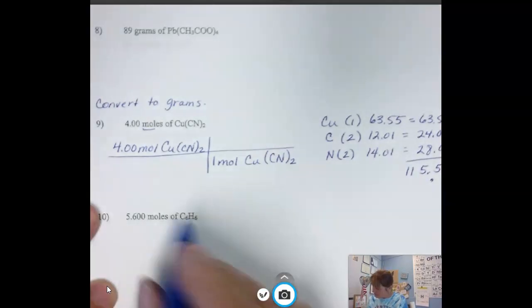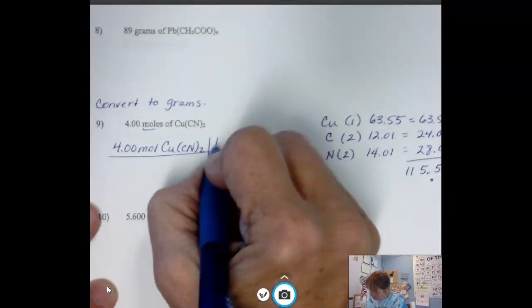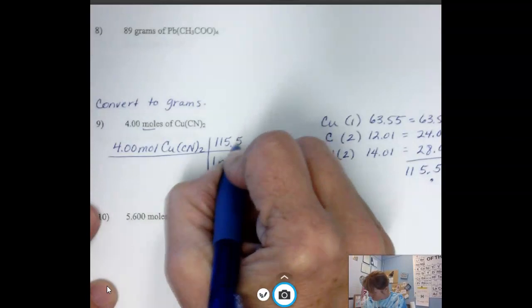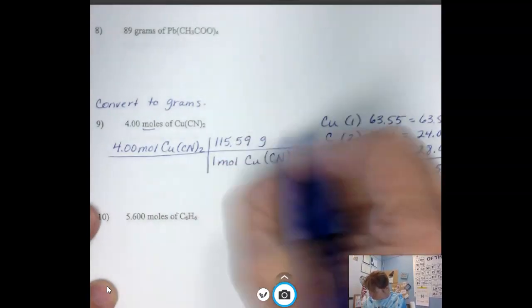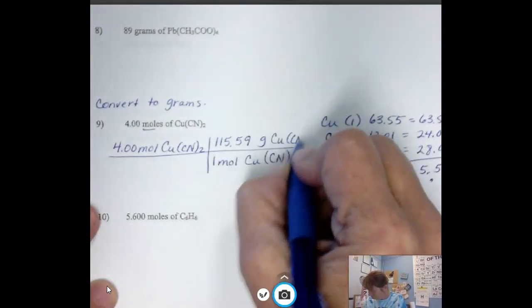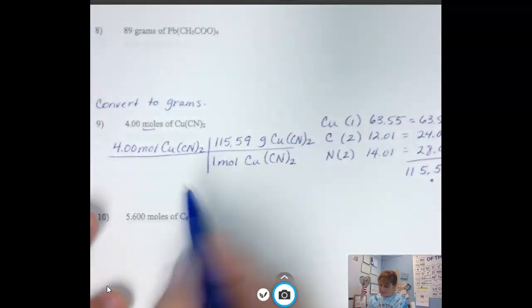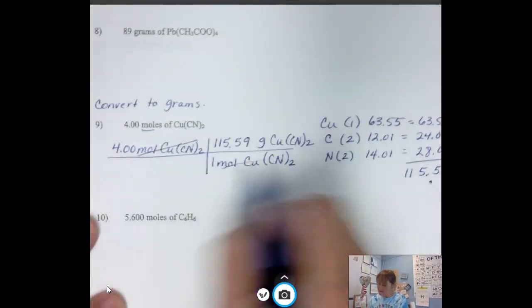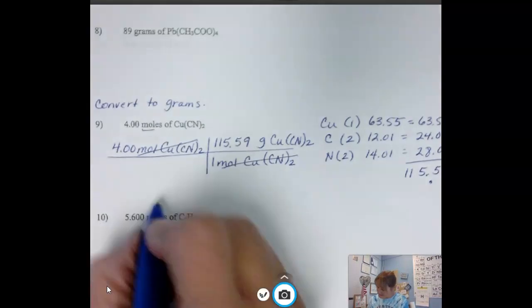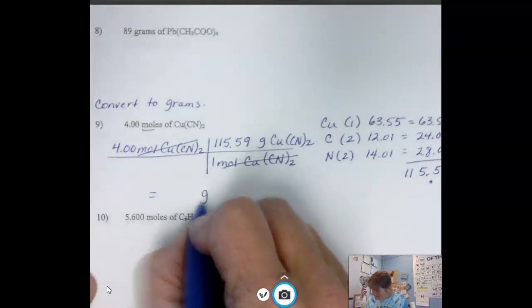1 mole of copper cyanide is 115.59 grams. Okay, again, here is my unit cancellations, and the rest is calculations.